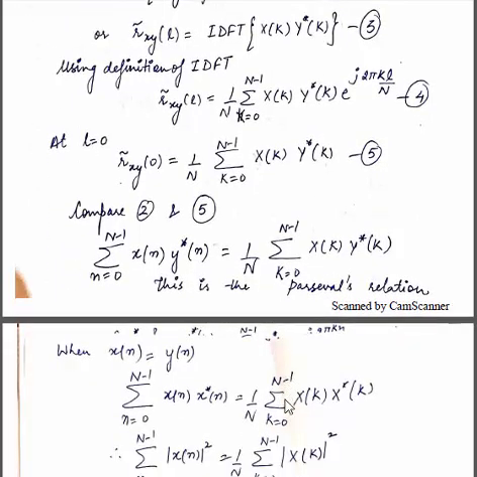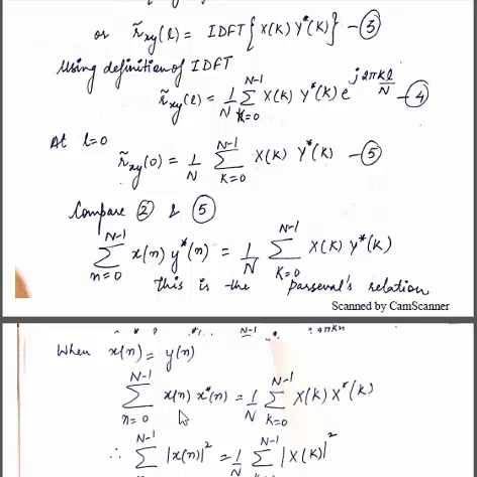Also, suppose when x of n is equal to y of n, that means X of k is equal to Y of k. By putting this we get summation n tends to 0 to N minus 1 x of n x conjugate n is equal to 1 by N summation k tends to 0 to N minus 1 X of k X conjugate k.